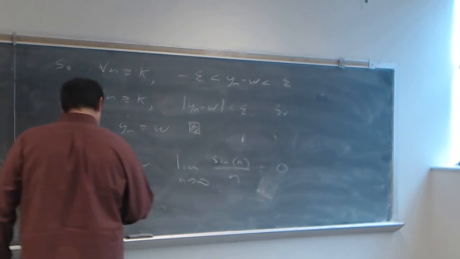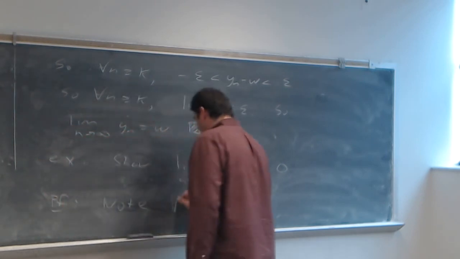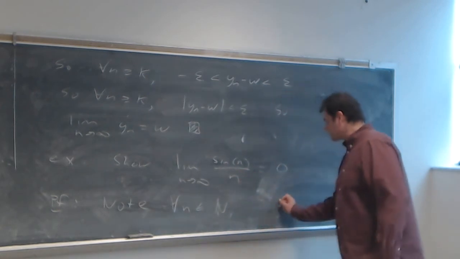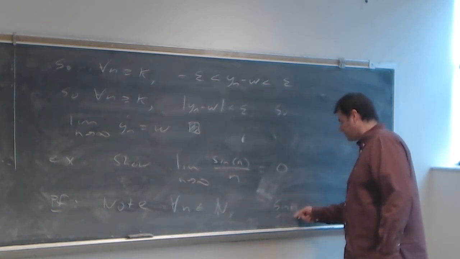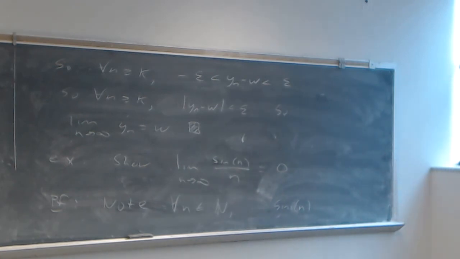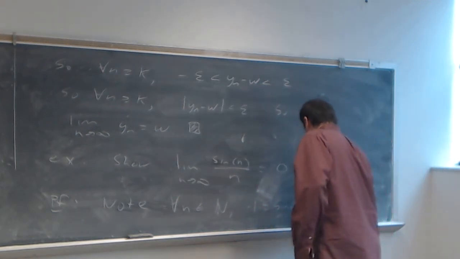The first thing I'd note is that for all n an element of the natural numbers, if I look at sine of n, well, sine of n is a number. You get out a number. And what are the values of sine range from? Minus 1 to 1. That's right. So definitely it's going to be in between minus 1 and 1.